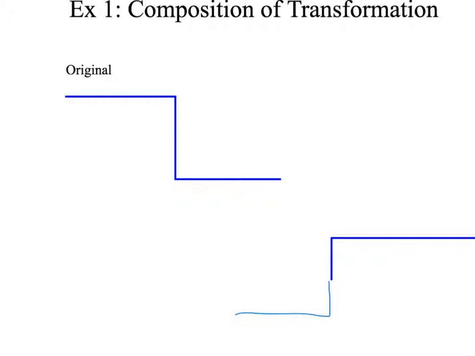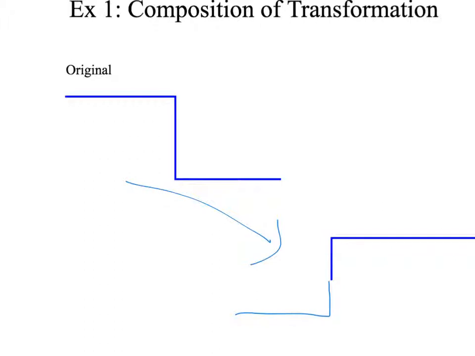Everybody's going to have different answers of how they're going to take your original shape and get it to match up on top of the new image. And as long as you can justify your answer, as long as you can explain why you chose what you did, it doesn't matter what order you do them in.